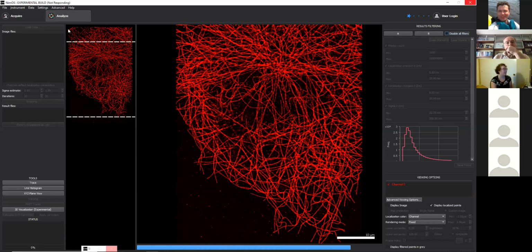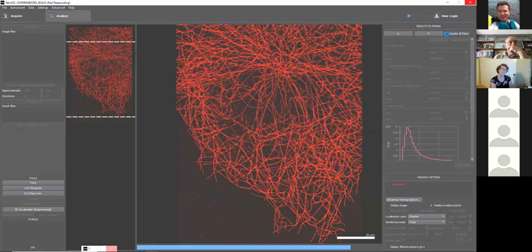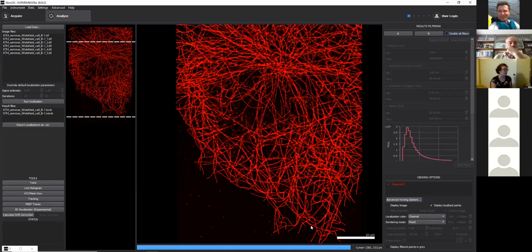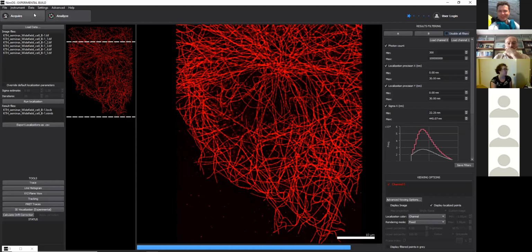Okay, I think basically the image is still trying to save. So that's why the software doesn't want to cooperate with me. So you can see down here, it's actually still trying to save.